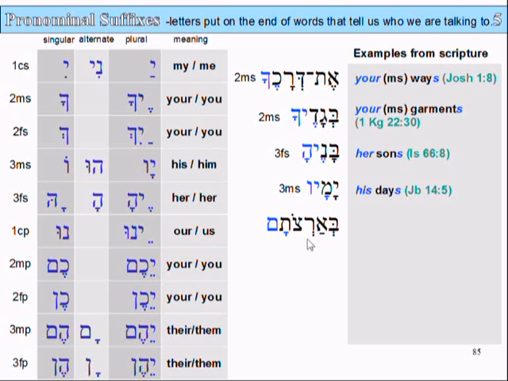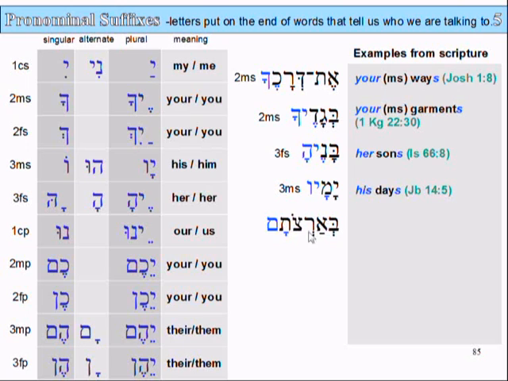Okay, this one, the root here is the word eretz, which means land, and this word here is artsatam, their lands. You see tam anywhere here? It's actually this ending here.